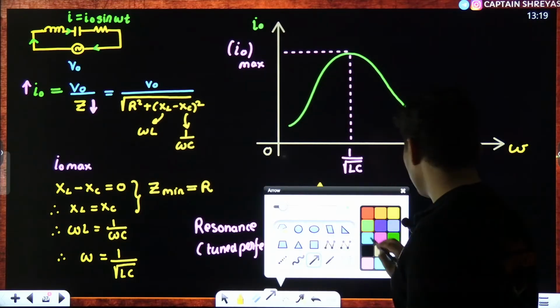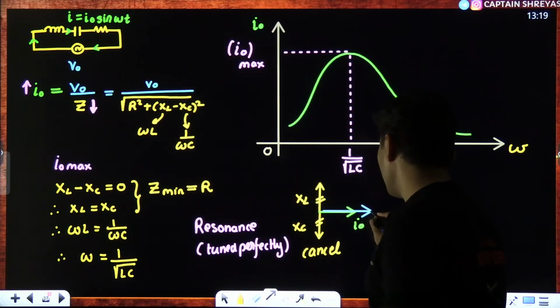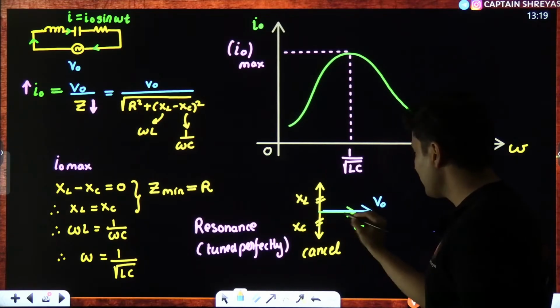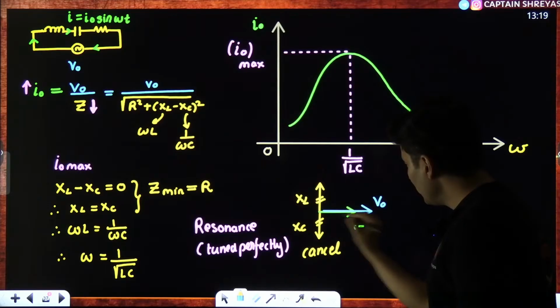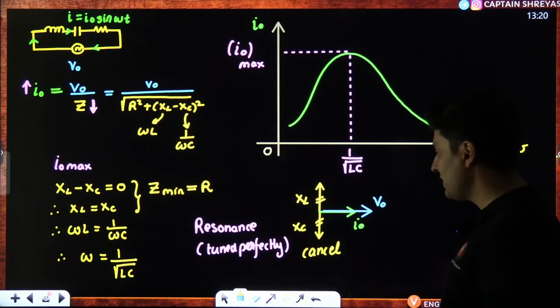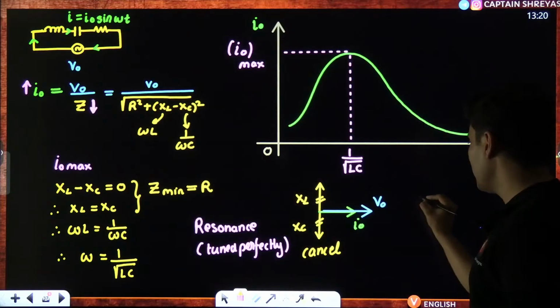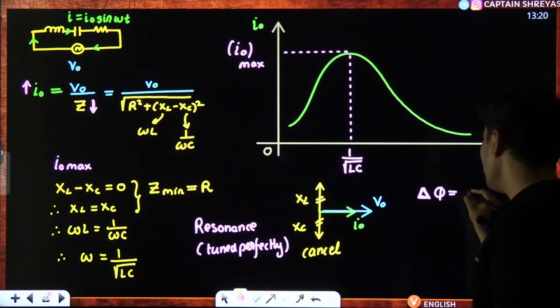So you will notice that in such a scenario, the voltage will be in the same phase as that of the current, and in such a resonating condition, the phase difference which you get is going to be 0.